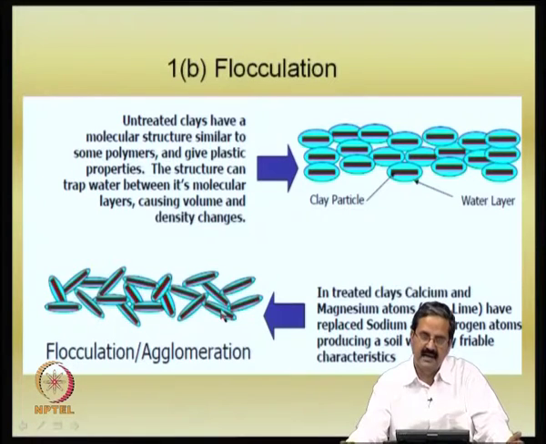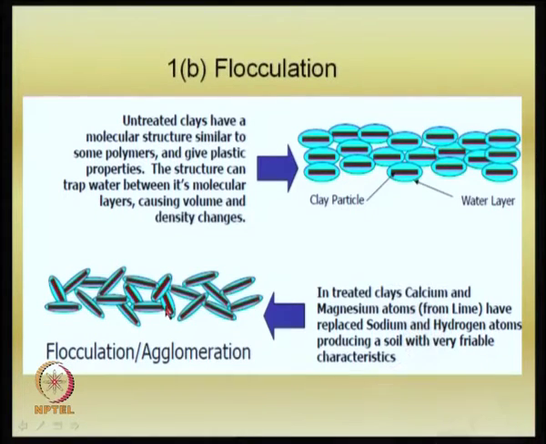Compared to the dispersed structure that we have here, the flocculated structure is very important, and it changes the behavior completely, because the way it holds and handles the water is much different.